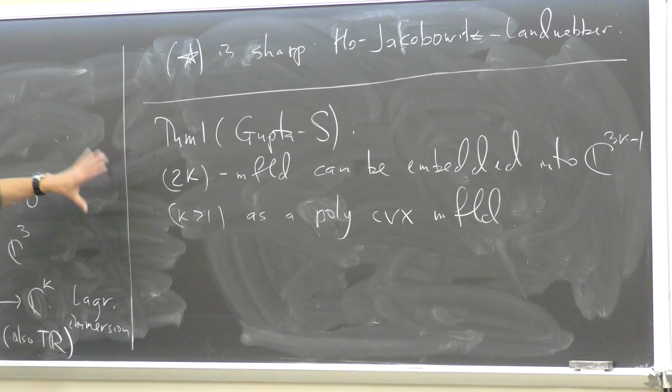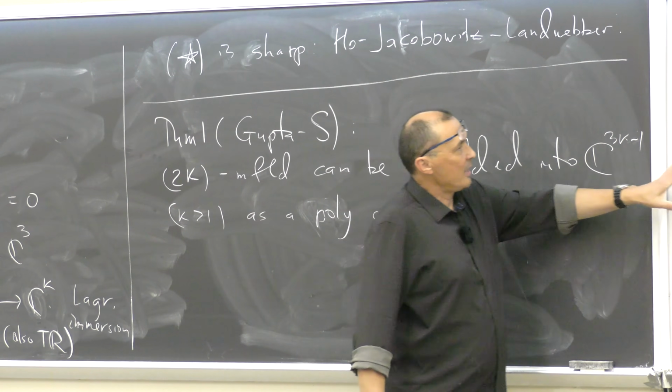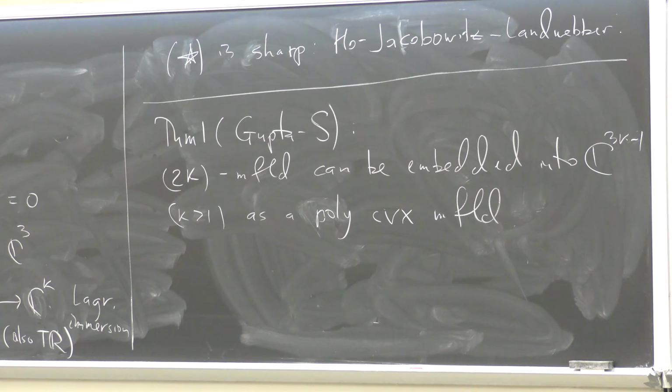And the idea is that you embed with these isolated CR singularities, and then you modify this idea of Forstnerič-Rosay, and you do the perturbation so that it still gives you a polynomially convex embedding.